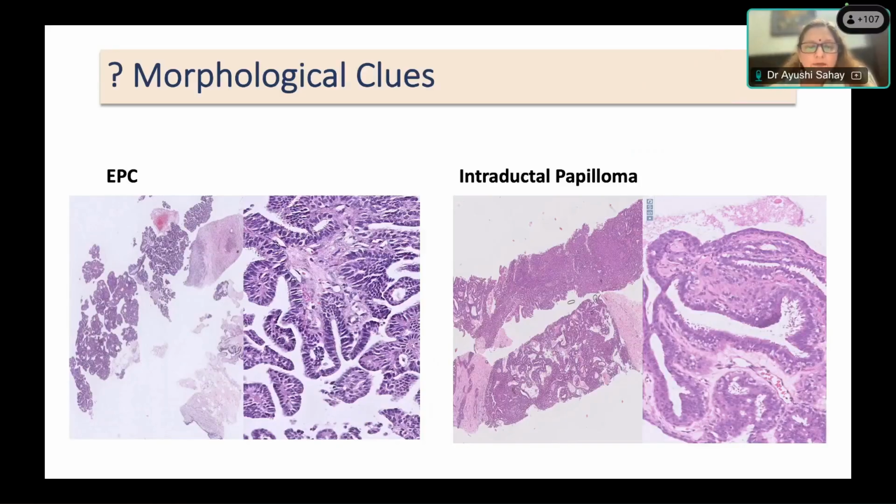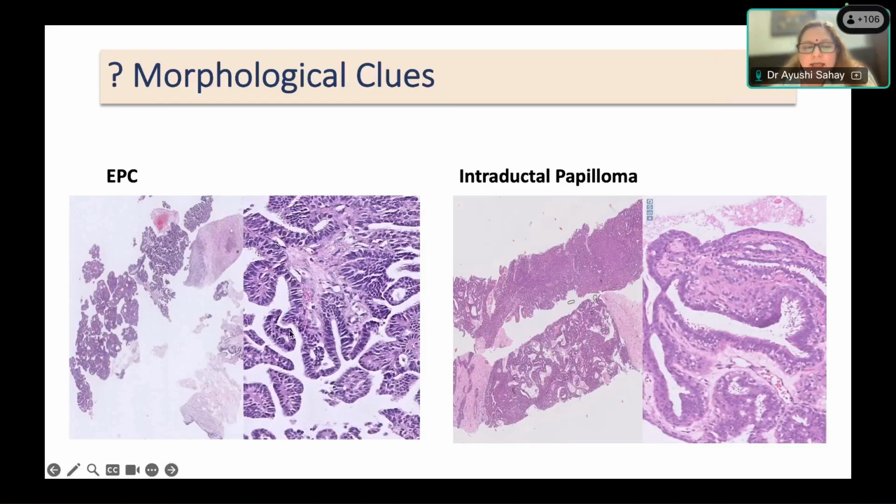So first of all, if you have marked fragmentation of the core biopsy or the papillae, then it is more likely to be a malignant condition as compared to benign intraductal papillomas, which are usually very, very compact. They do not show that kind of fragmentation as we saw in this biopsy.